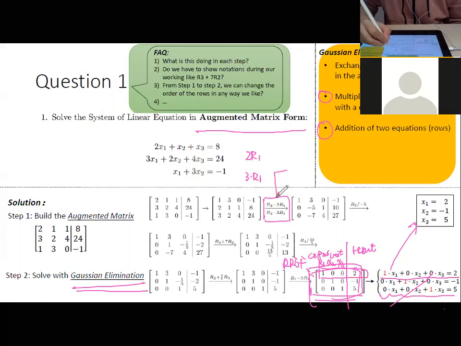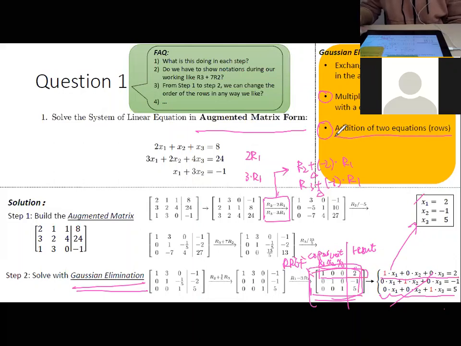And for the notation, we can write it in this way. R2 add -2 times R1 and R3 add -3 times R1. So this is the addition operation. It says addition of two equations, and in other words, addition of two rows.